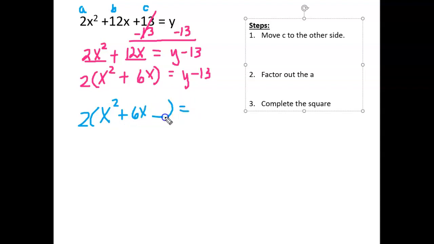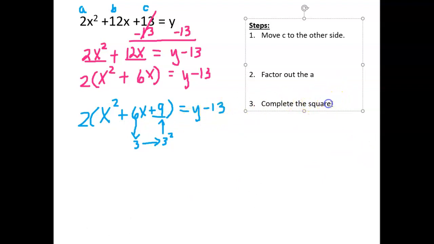So I'm going to leave a little space right here. And this is where we take half of the 6, and then we square it. And that's the number that's going to go right there. All right, so we've completed the square.